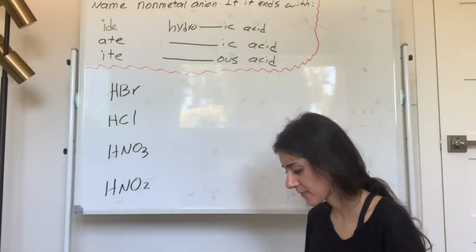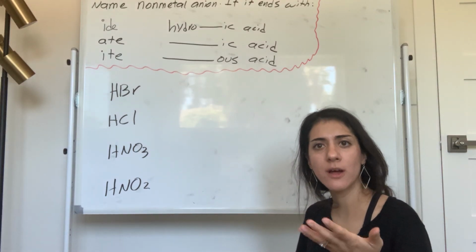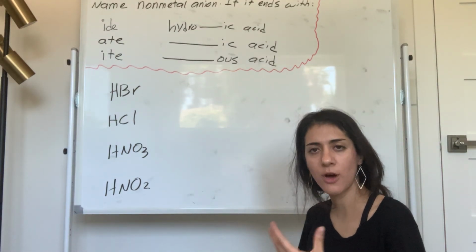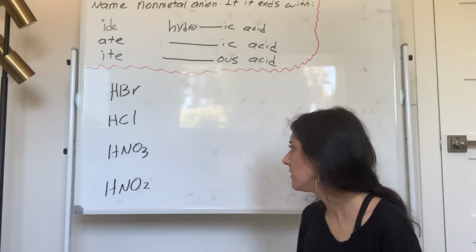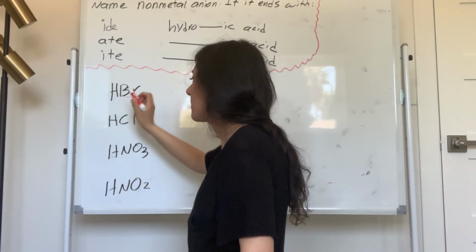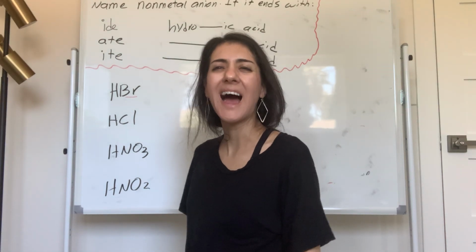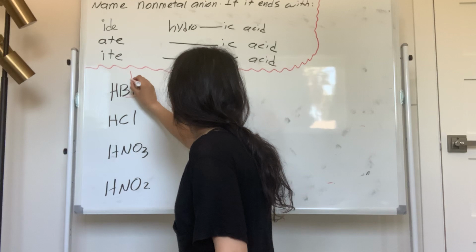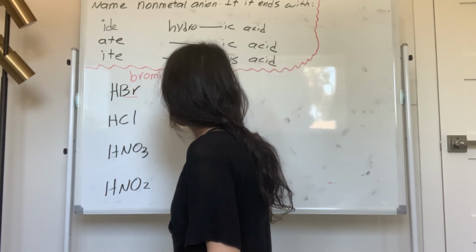Are you ready? So HBr. You have to name the anion first, right? The nonmetal ion, because nonmetals usually gain electrons, they become an anion. So what is Br? Remember, when Br is an anion, you usually end with ide, right? So this is bromide.